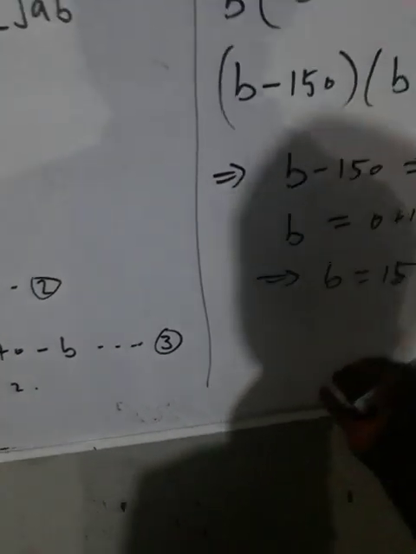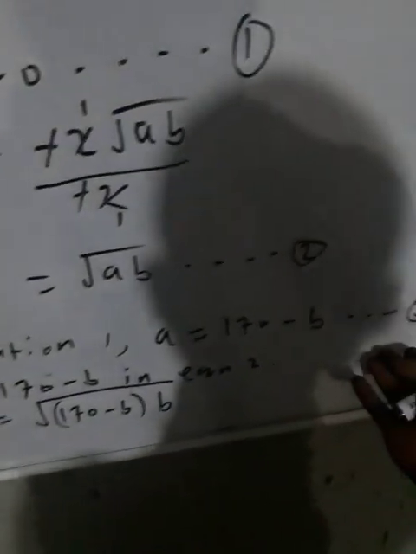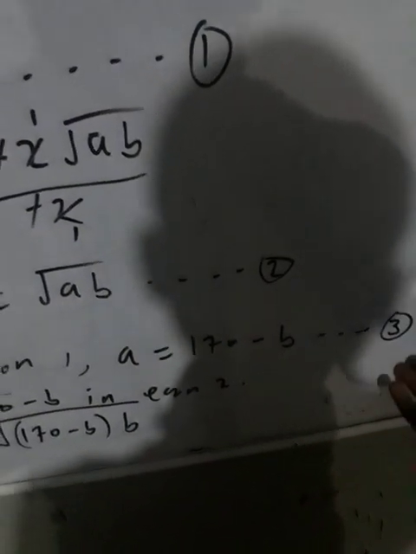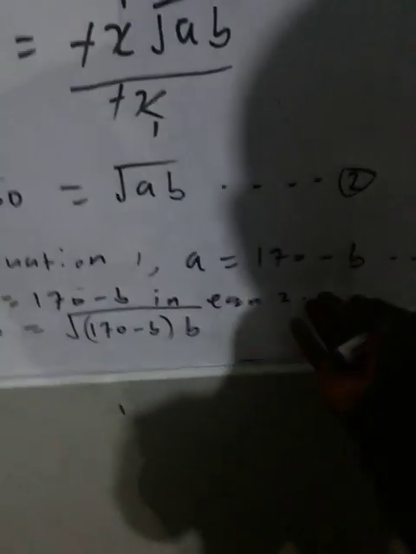We substitute b in equation 3 to find our a. Equation 3 is that a is equal to 170 minus b.